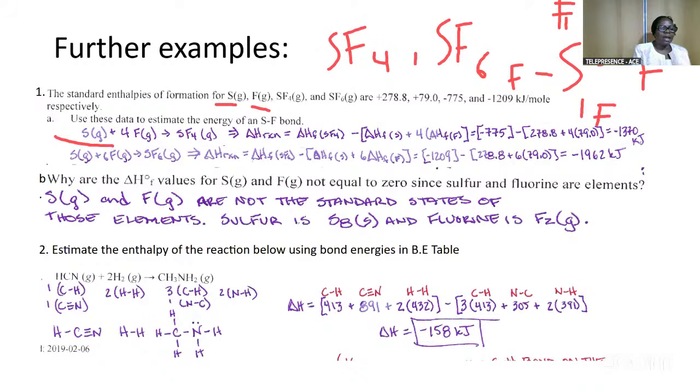So you will need S in gaseous state, sulfur, and then 4 of fluorine in gaseous state to be able to form that. And so we can determine the enthalpy of the reaction using the enthalpy of formation. And since we are using the enthalpy of formation to determine the enthalpy of reaction, then you have to bear in mind that the product comes first.